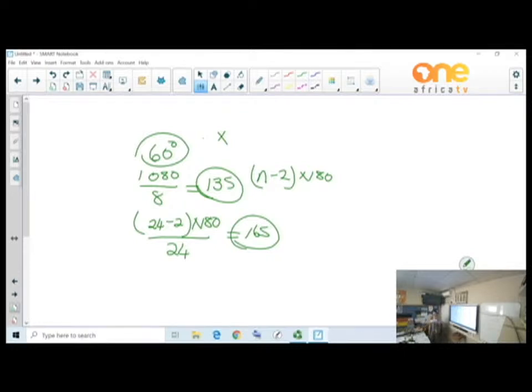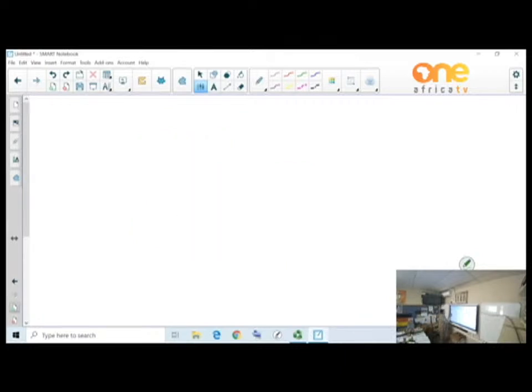Number 63. The tangents PQ and PR are drawn from P to the circle center O. The tangent PR and the diameter QT are produced to S. RQT is 34 degrees. Okay, now, this is all the circle geometry, all those rules on circle geometry. Can you remember that you learned that the angle in a semicircle is 90 degrees?